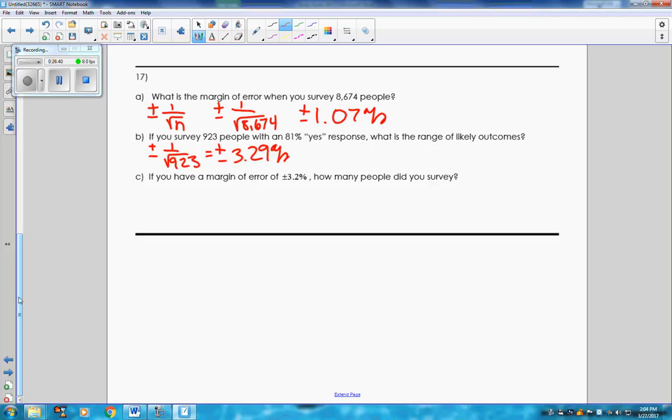From here, you're going to take 81 and subtract 3.29%, which should give you 77.71, through 81 plus 3.29, which is 84.29%. So that's my interval, or the range.